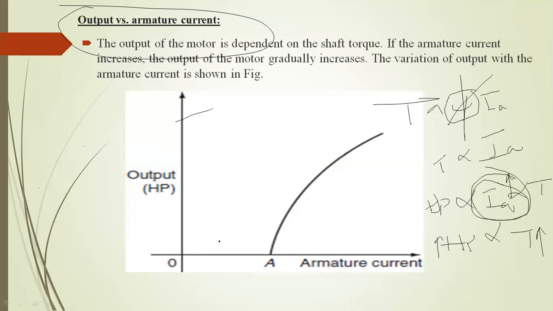So see, from this point of armature current, due to some armature reactions, the power is going to start changing while increasing the armature current or increasing the shaft torque. The output power is going to increase.